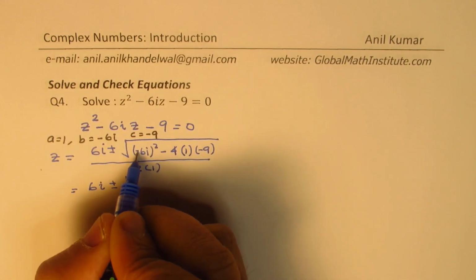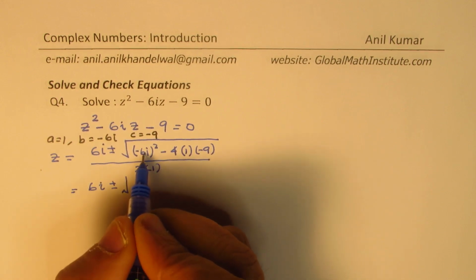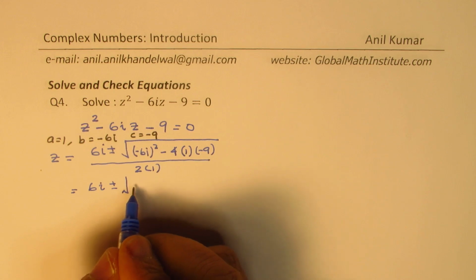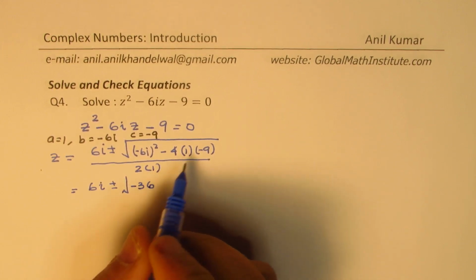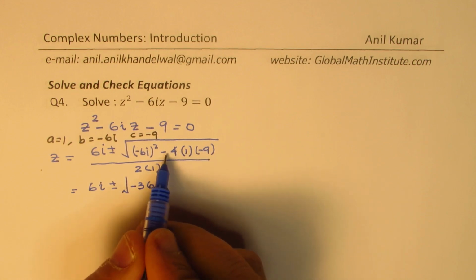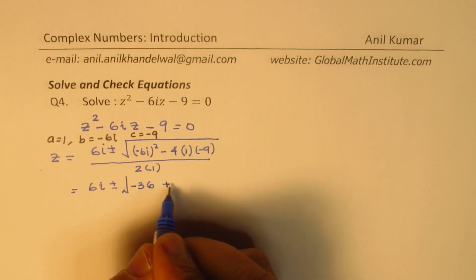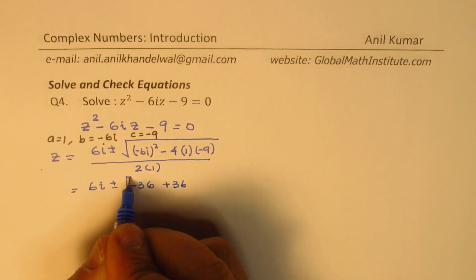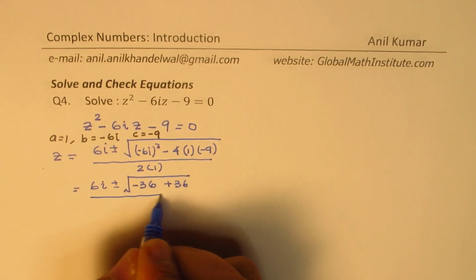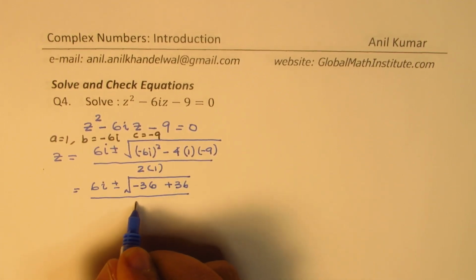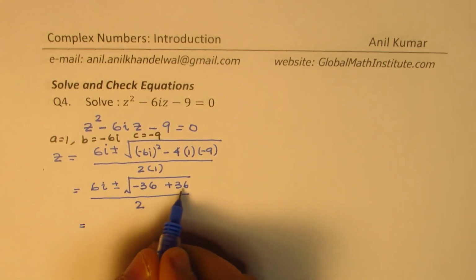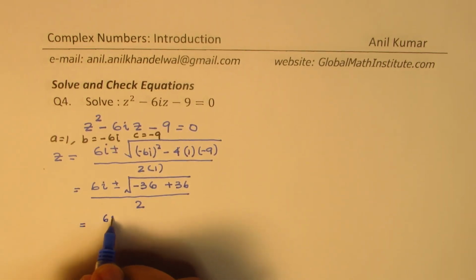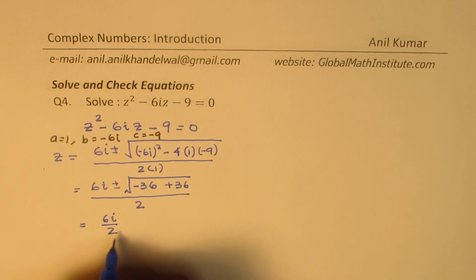Now the square of minus is positive, 6 squared is 36 and i square is negative 1. So we actually get here minus 36. Correct? On this side, minus and minus is positive, so you get plus 36. And that is 0, right? So we get 6i over 2.